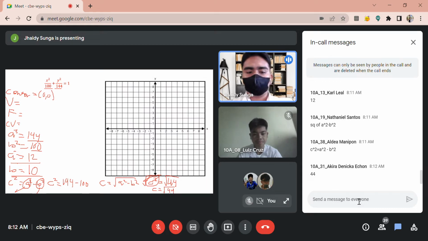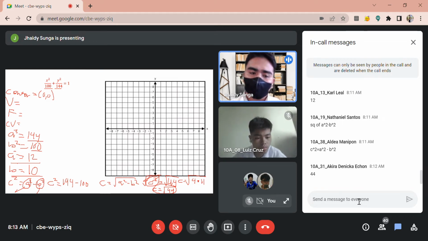Do we have any more factors? Can we factor this out still, or can we find the simplest form? We have the final answer of the square root of 44, or in factoring of radical, we could have C. What are the factors of 44? You could have 4 multiplied by 11, correct?